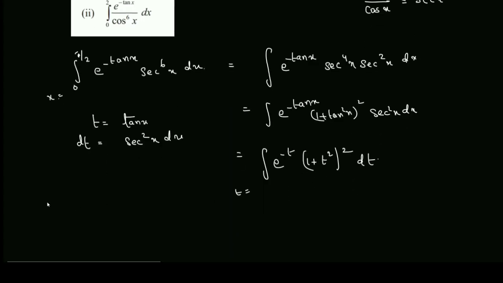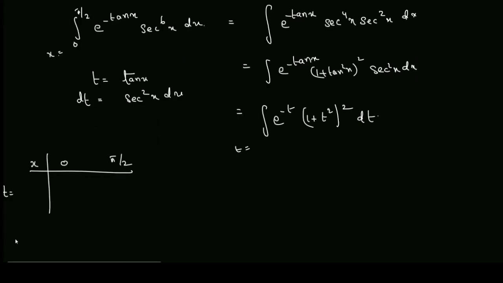So x is 0 to pi by 2, and we have written t as tan x, isn't it? Put x is 0, tan 0 is 0. Put x is pi by 2, tan 90 is infinity.